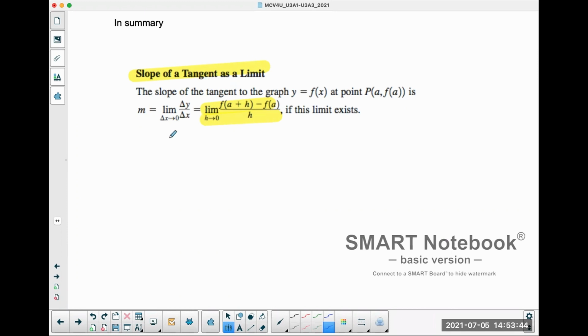So when we try to find a slope of tangent, we need to use this particular formula: limit as h approaches 0, f at a plus h minus f at a over h. And this is the formula we need to use to find the slope of a tangent.